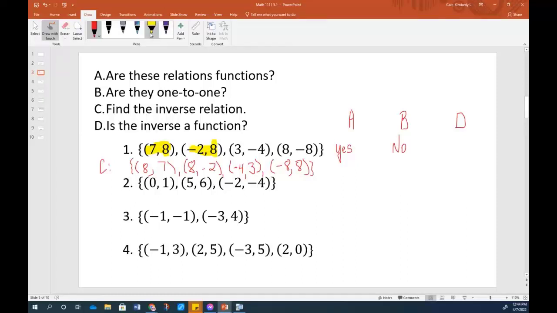The same thing that kept it from being 1 to 1 is also what means it's not a function. What was the y became the x, so now the x is repeated, but this same x goes to 2 different y's, and in a function, every x can only go to one y. So is that a function? No.